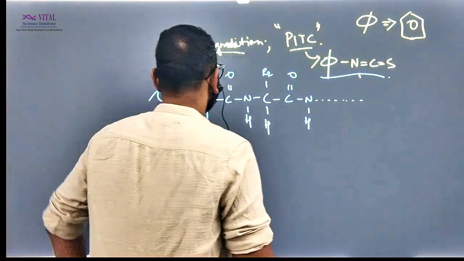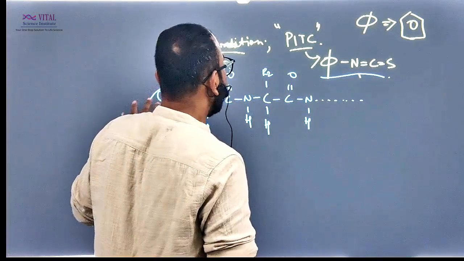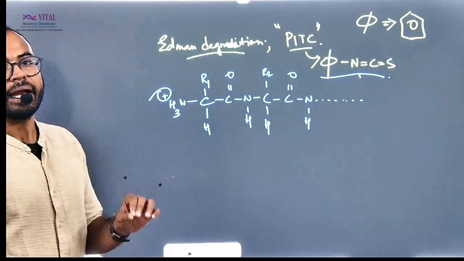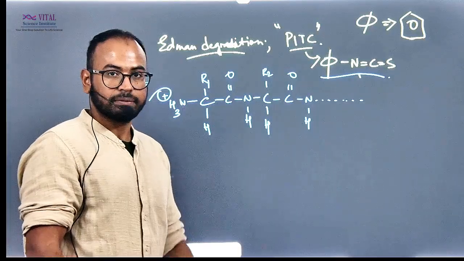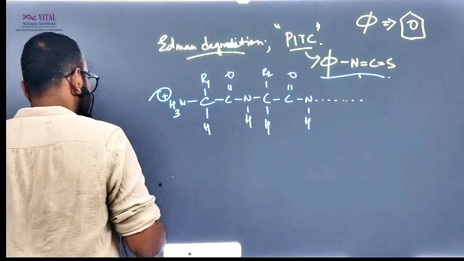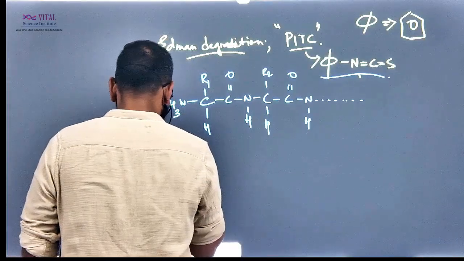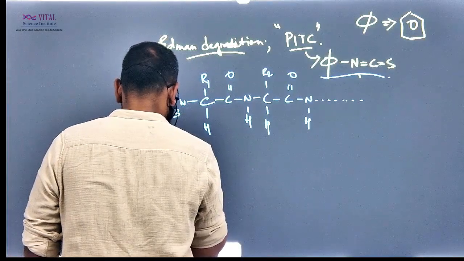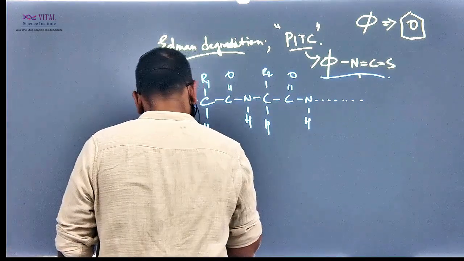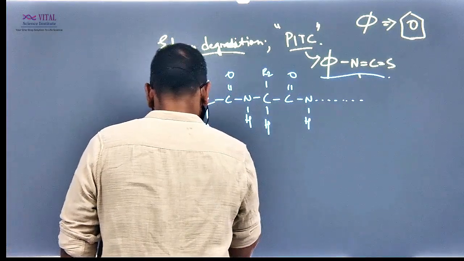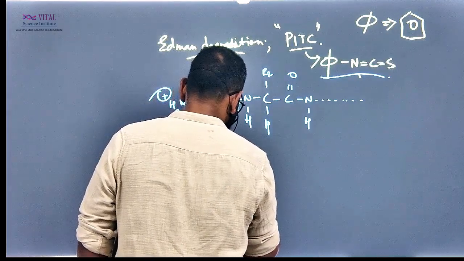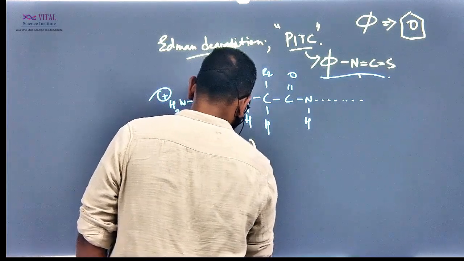Now, if we are trying to differentiate the amino terminal amino acid of a peptide chain, then at step 1 of Edman degradation we have to raise the pH of the solution and make it basic.